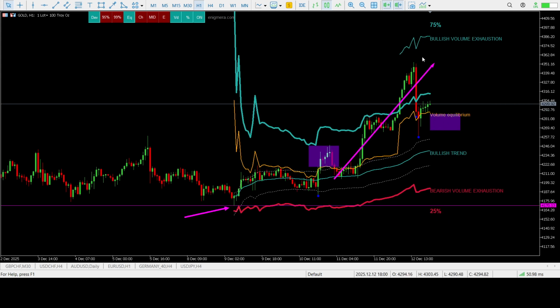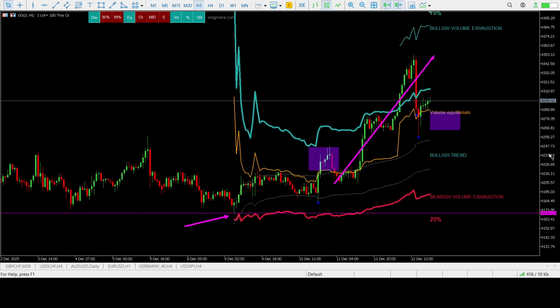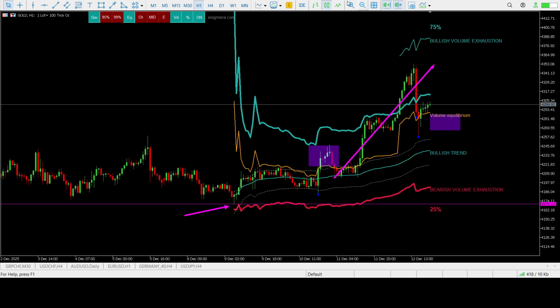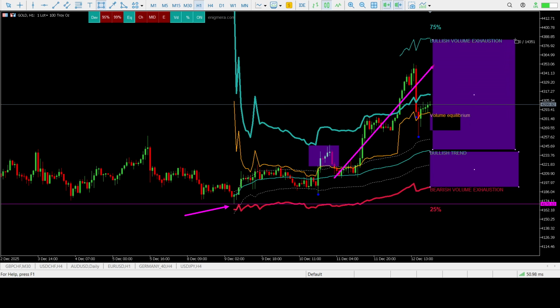This percentage here, 25% bearish and 75% bullish, means that the distance between the trend line and the bearish volume exhaustion is 25% compared to the distance from the bullish trend line to the bullish volume exhaustion.